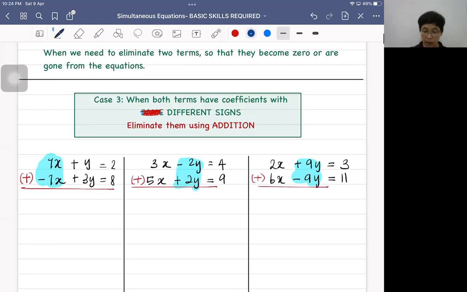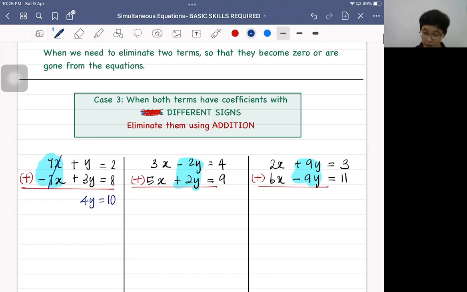So we see that for this case, positive 7x plus negative 7x, the whole thing is gone. So now you got 4y, and then you got 10. Again, the complicated simultaneous equation has become a happy and friendly single unknown equation.